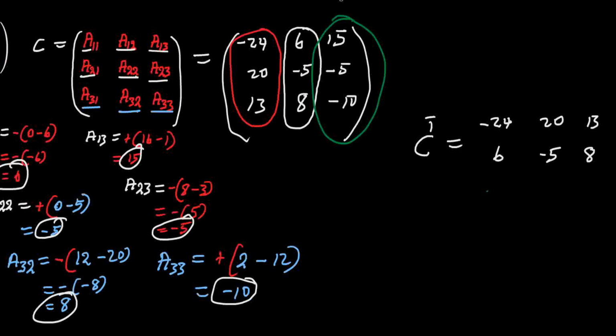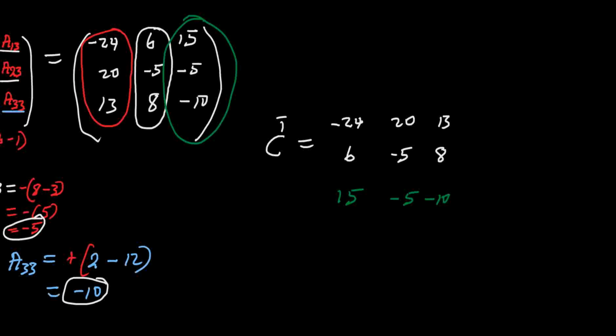So this would be 15, negative 5, negative 10. So this is the adjoint of the square matrix A. So we have successfully transposed the cofactor, and that gave us the adjoint.